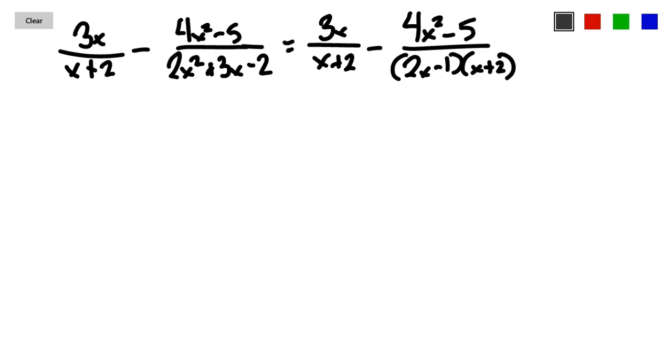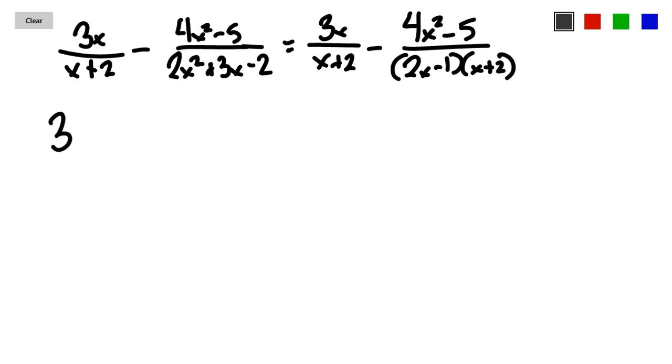That's how the bottom factors. Okay, so to find the common denominator, I've got to make both of these denominators the same. And I notice that I've got a common factor of x plus 2 in the denominators. So in order to convert the first fraction into a common denominator, all I've got to do is multiply top and bottom by 2x minus 1.